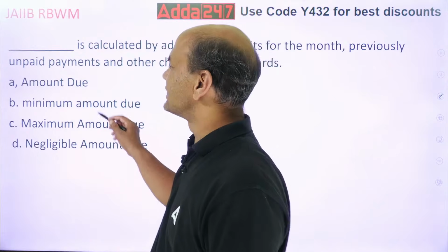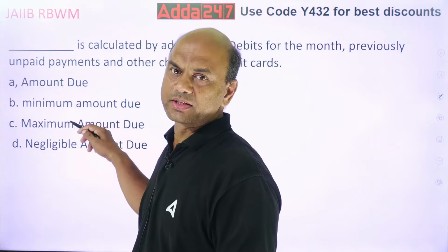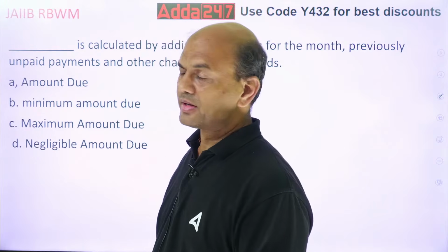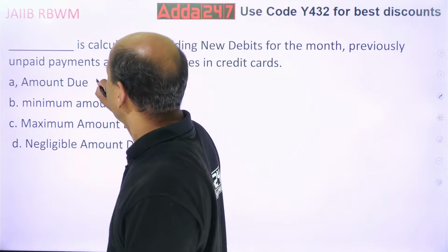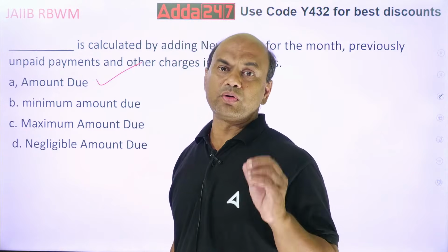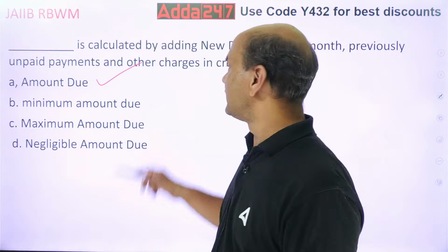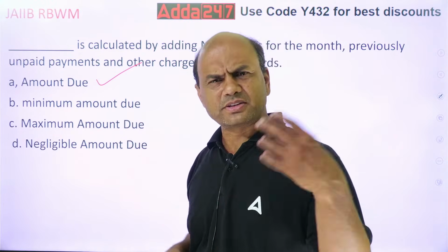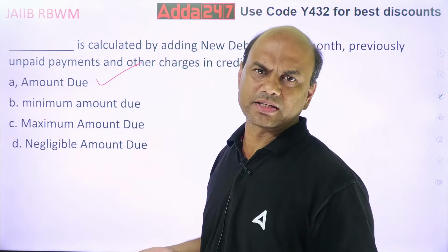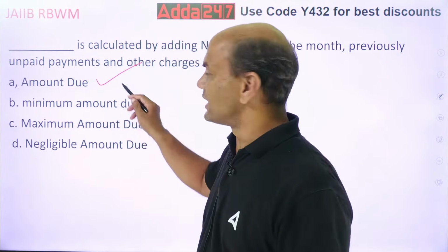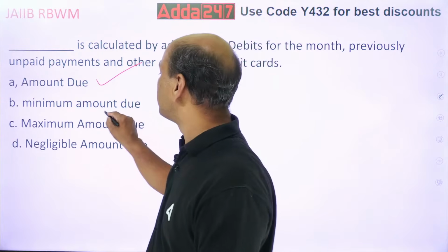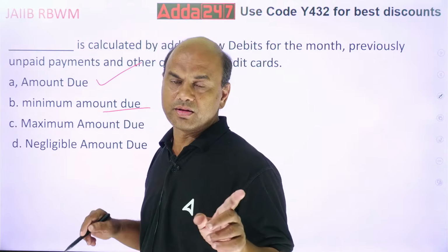Some of you are answering A, some of you are answering B. The answer is A, amount due. Amount due is arrived at by using all your previous debits, this time's debits, and any charges. Minimum amount due is different.